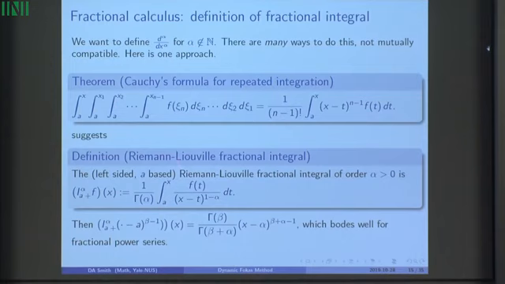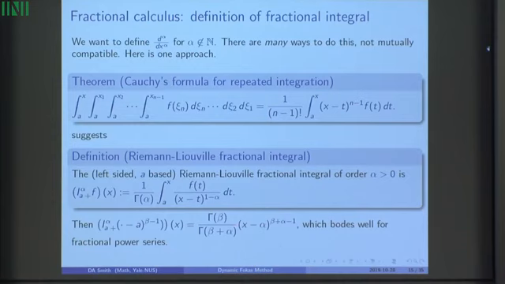Actually, we're only going to care about alpha, a positive rational number, for what we're doing. But in principle, alpha can be any complex number, provided its real part is positive. This will still work. So if you do that, then it's not so hard to show that this fractional integral operator interacts with power functions in the way that you'd hope.